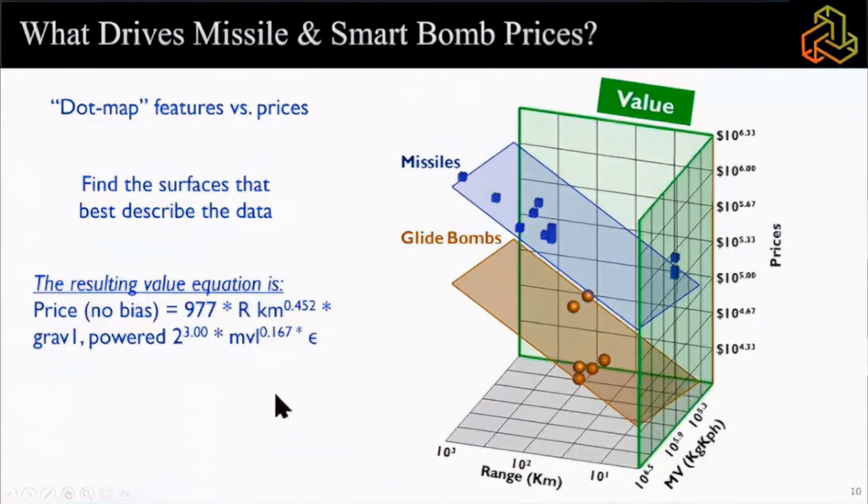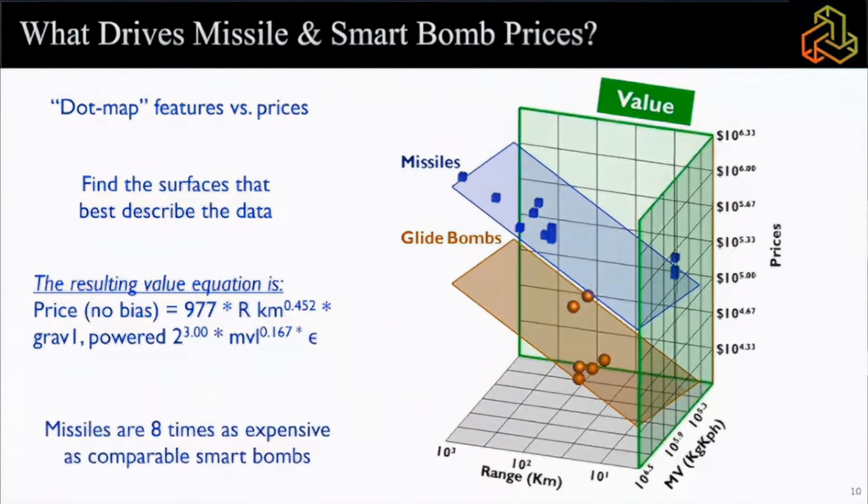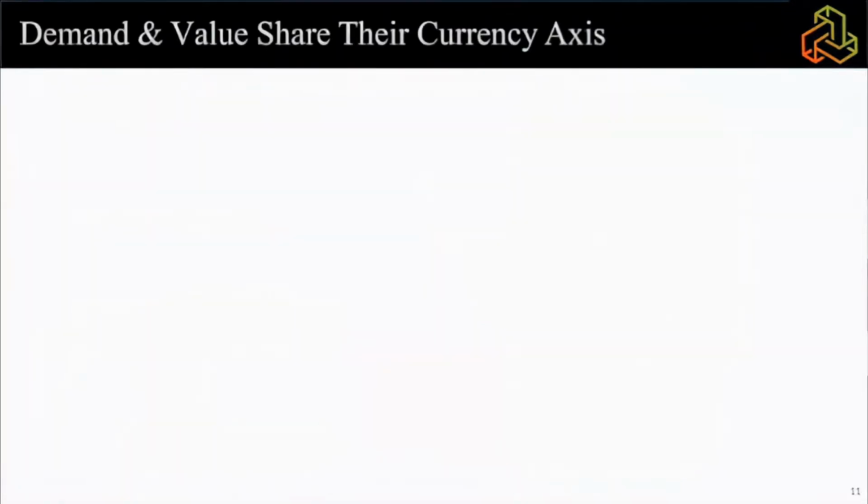This is 8x this, and then take it times the momentum term, and then of course you're carrying an error term here. And it works out that missiles are 8 times as expensive as the comparable smart bombs. And that's good to know if you're going to try to create budgets for these products.